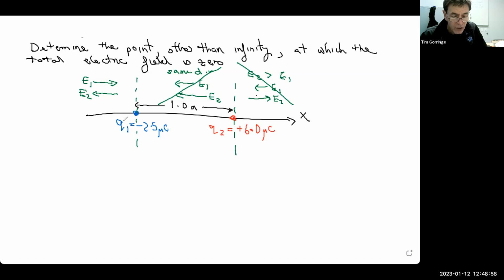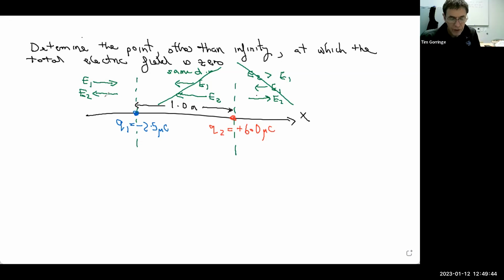So we can compensate for charge 1's weakness or charge 2's strength by being closer to charge 1, further from charge 2. So there is a special point somewhere in this region where the two electrical fields are oppositely directed, equal in size. And so now we've got the mathematical task of finding that.